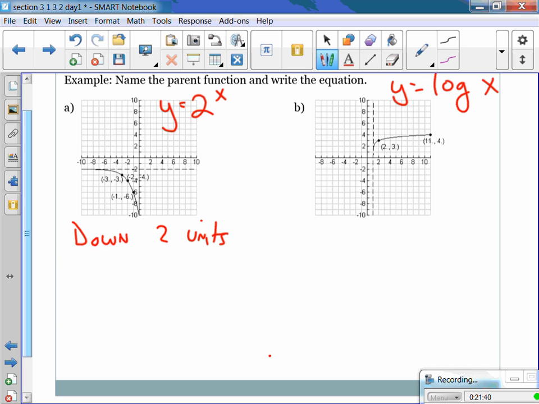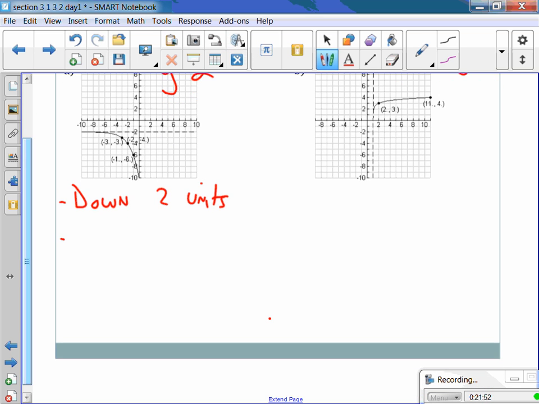So what else happened? The function reflected across the x-axis, and that is telling us that our a is negative. Anything else?